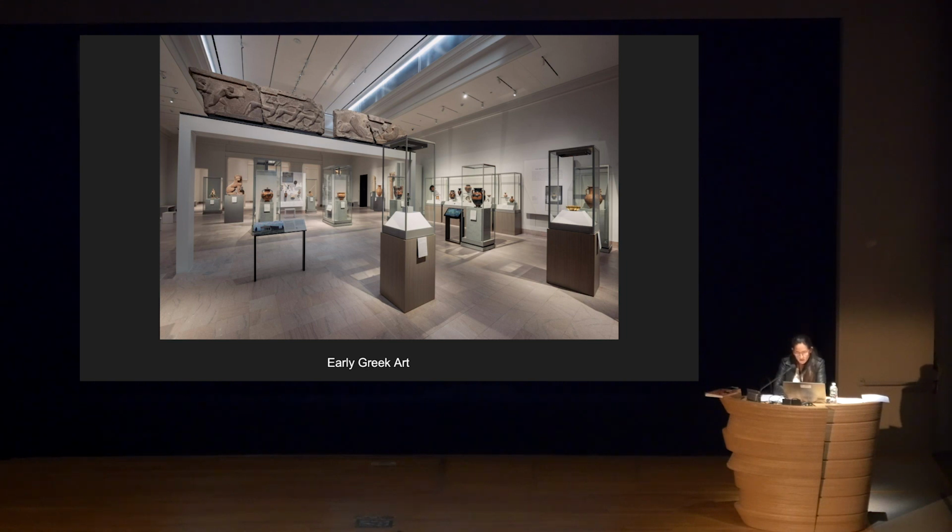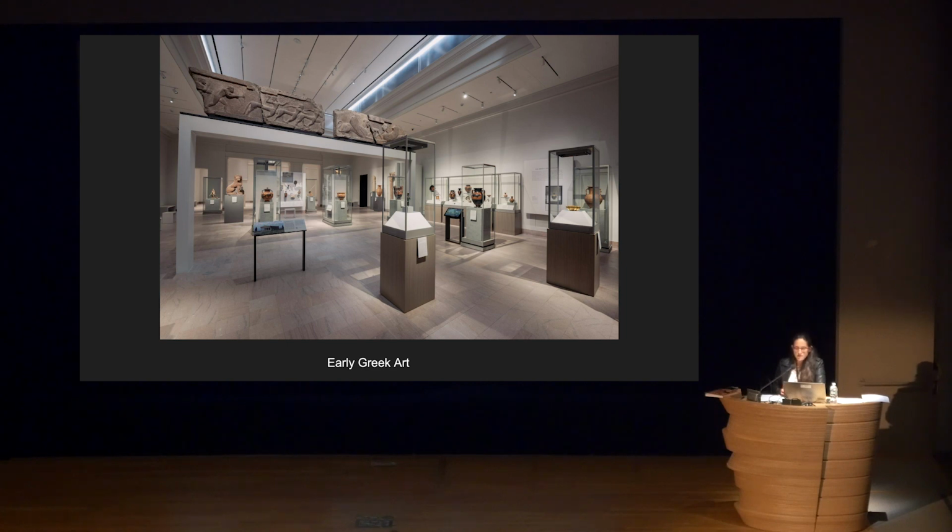And what you're seeing here in this slide is the introductory space in which we present the development of Greek art along 2 important trajectories: the birth of narrative in the middle of the 8th century and approaches to the human body in the 6th.